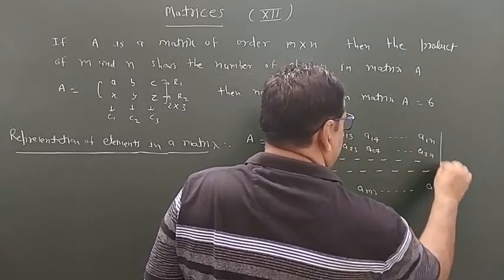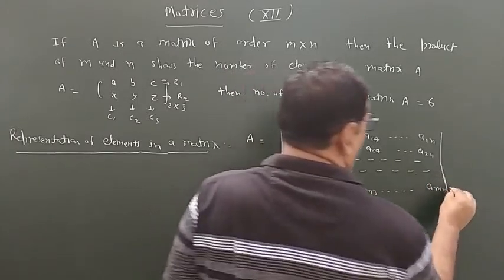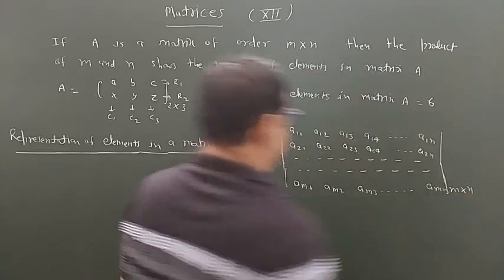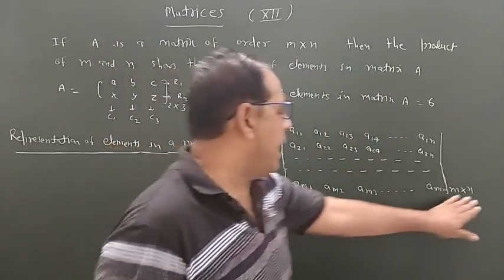So this is the standard way of representation of a matrix. This is the matrix of order m by n.